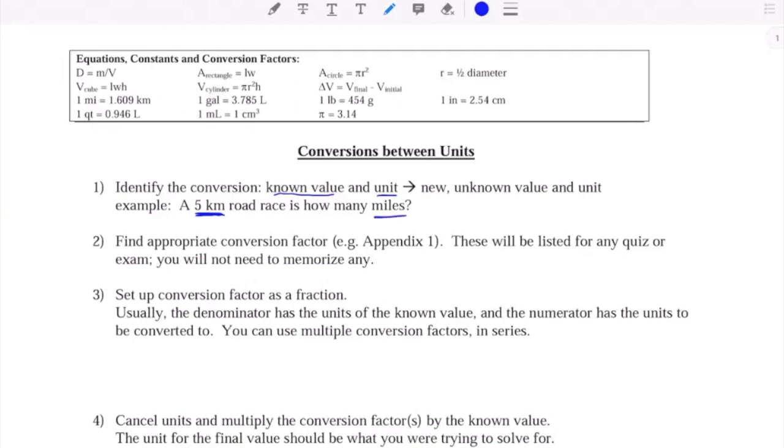How many miles? Okay, so we're going to look for a conversion factor with both of these units, km and miles. Now this box is an example of what you would be given in a quiz, midterm, Quizlet, or final. You don't have to memorize any of these. You just have to know where to find them and how to use them. There's always going to be equations, constants, and conversion factors that you don't have to memorize.